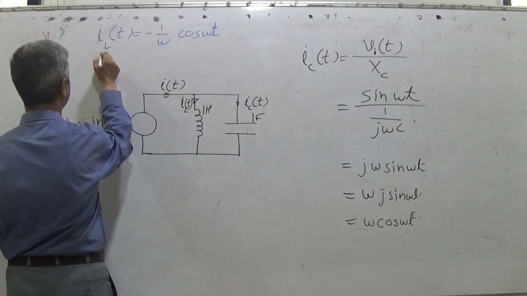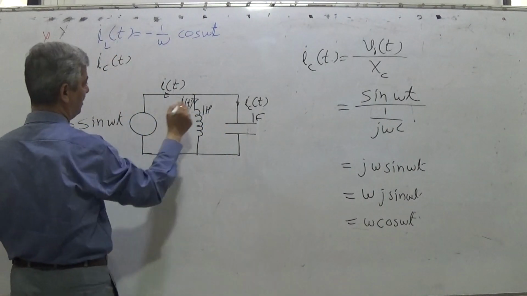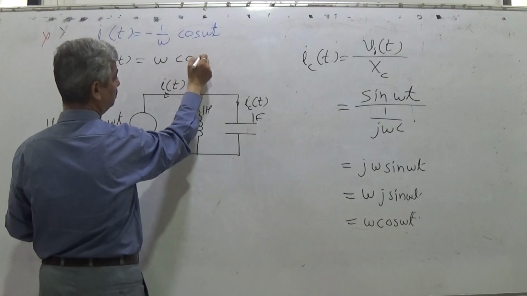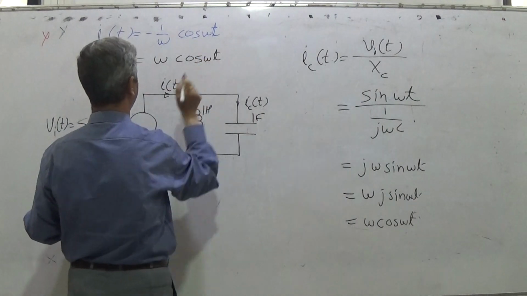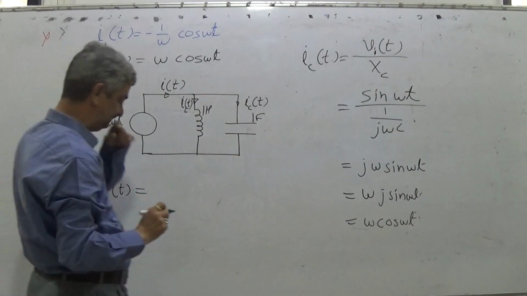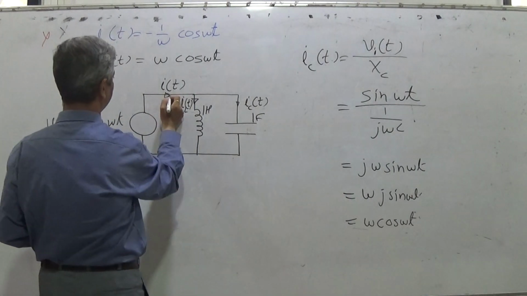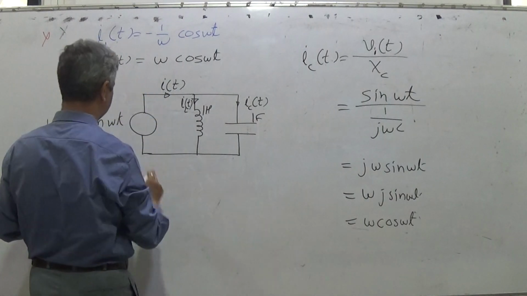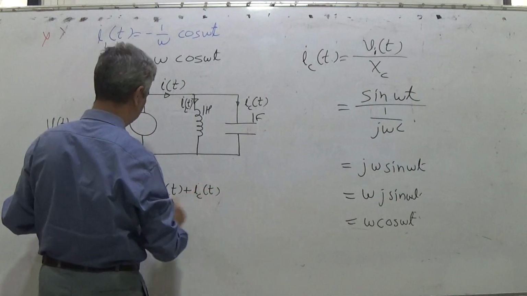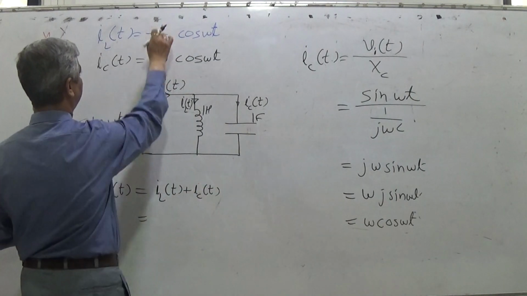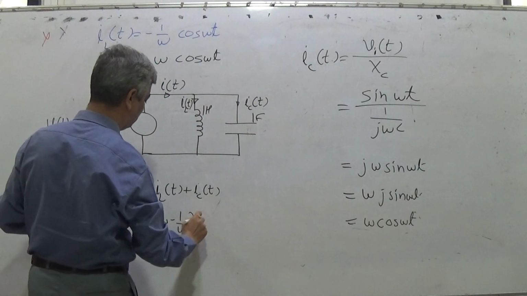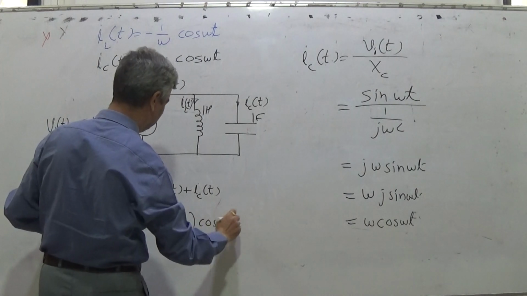So I write ICT, I am assuming this direction, is equal to omega cos omega T. What is IT? IT is ILT plus ICT. That is equal to this plus this. So omega minus 1 upon omega cos omega T is IT.